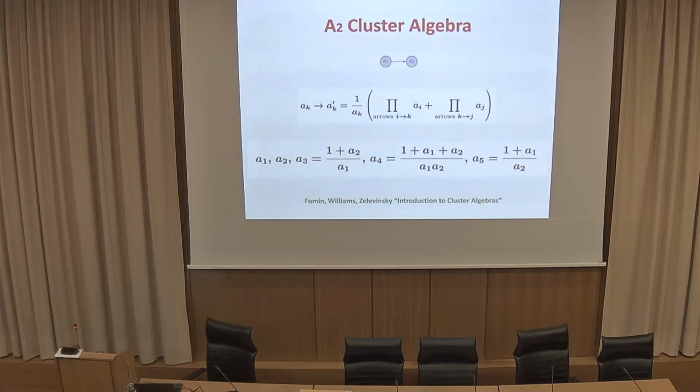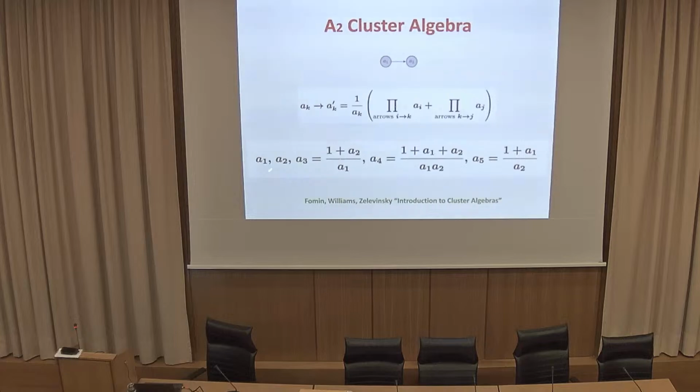Now, associated to nodes and lines, you have something called a mutation rule, and that is fixed by your picture. And that's the formula, there's a defined formula. So you have your variables, two in this case, A1 and A2. And then from each variable, you produce a new variable, a primed one, by this formula.